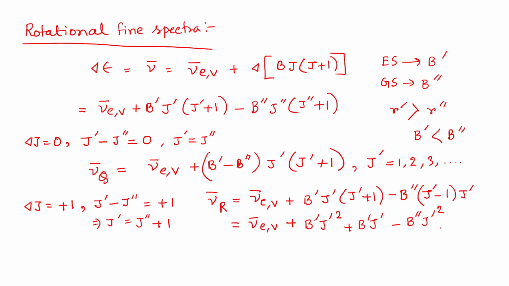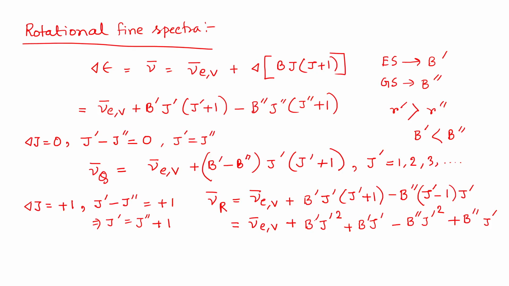Am I making any mistake? J dash minus 1, I think so. B dash, J double dash, J dash plus 1, and here I have written, so I have to write it in terms of maybe J double dash.